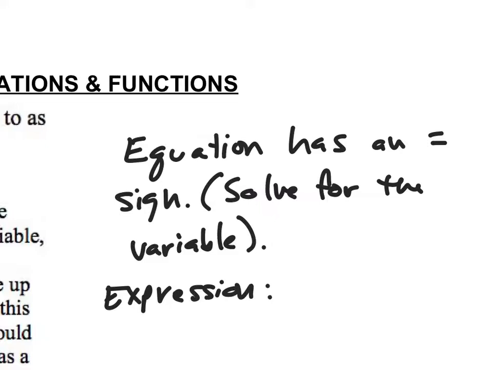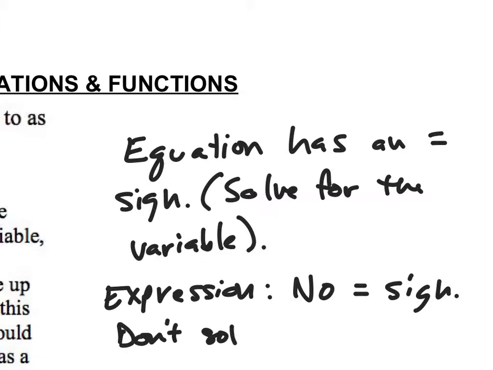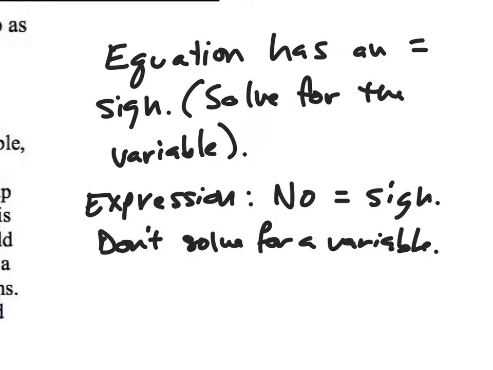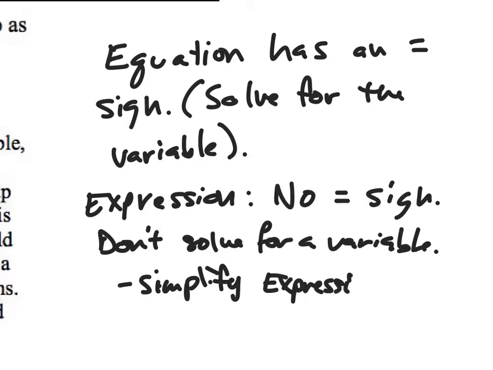In an expression, what you have is no equal sign, to make it simple. And so when you have an expression, you don't solve for a variable. Typically what you do is you simplify expressions.